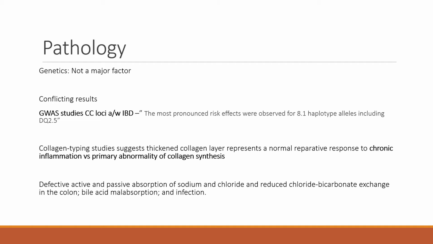They analyzed the whole genome of these patients with collagenous colitis and found only DQ2.5, and again the results were conflicting when a similar study was done in England and even in the United States. So they were not able to locate a specific locus.